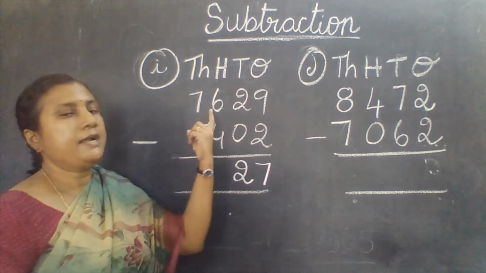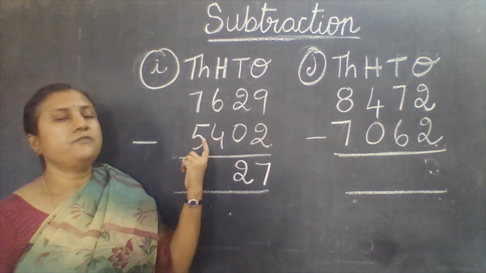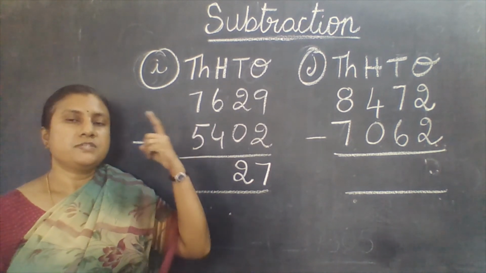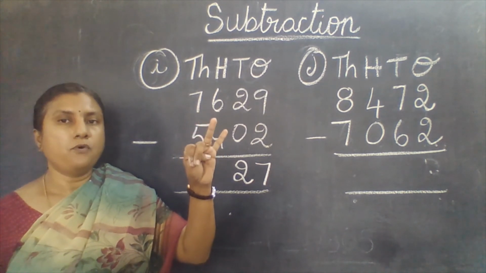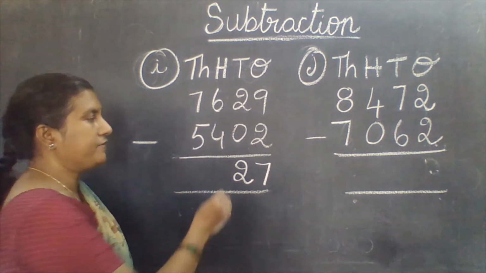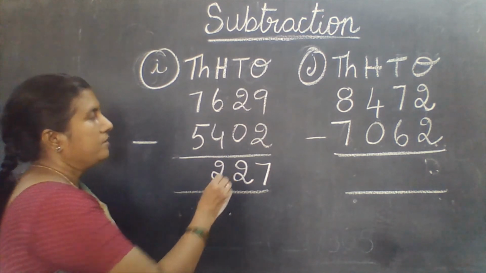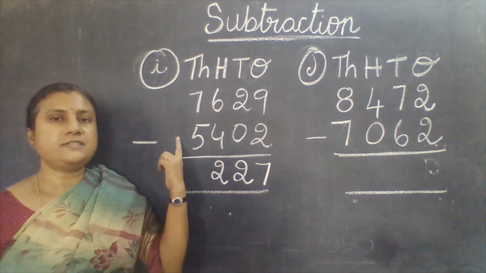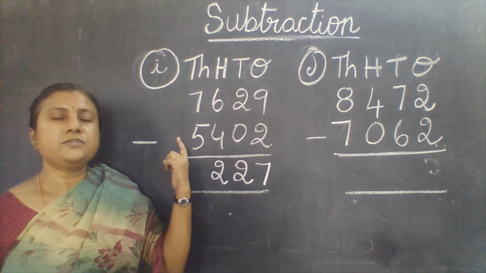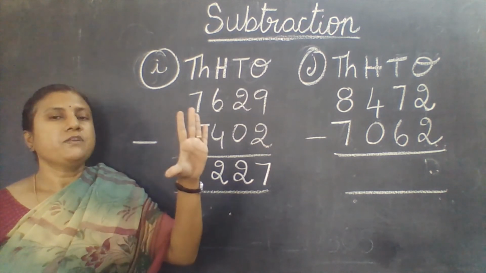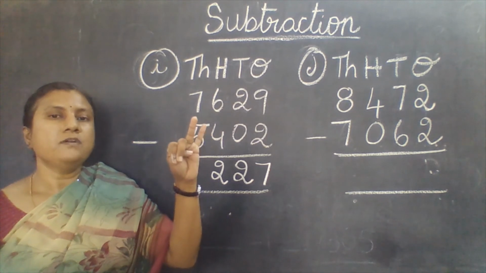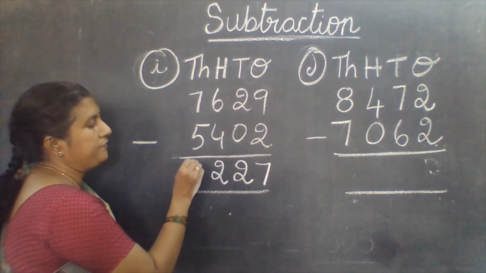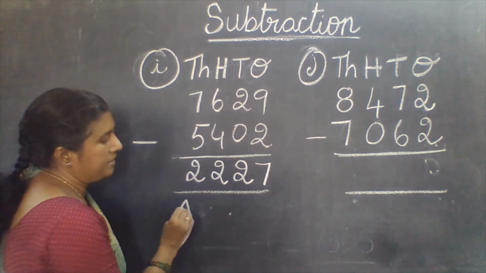In hundreds place, we have 6 and 4 to subtract. So 6 in your mind, 4 in your fingers. Before 6: 5, 4, 3, 2. What is the difference? It is 2. In thousands place, we have 7 and 5 to subtract. So 7 in your mind, 5 in your fingers. Before 7: 6, 5, 4, 3, 2. So what is the difference? It is 2. So what is the answer?